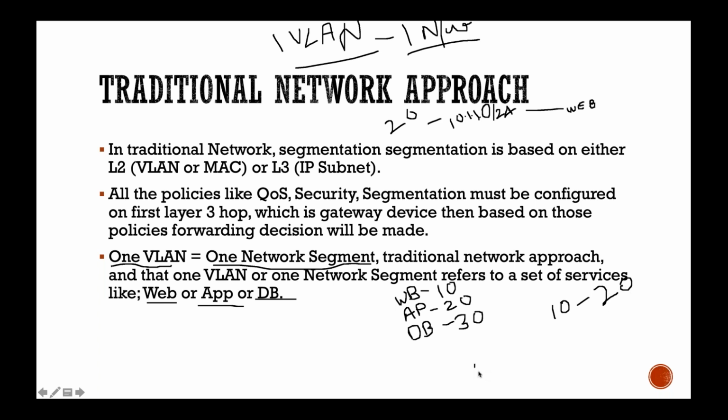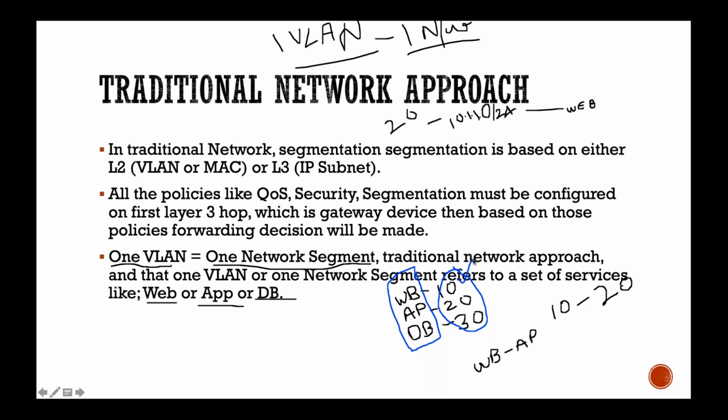Can I create a policy saying that web can talk to app irrespective of their IP subnet? No, that is not possible in my traditional network approach. My complete dependency is on the network side of things. The network devices don't care about what is web, what is app, what is database.